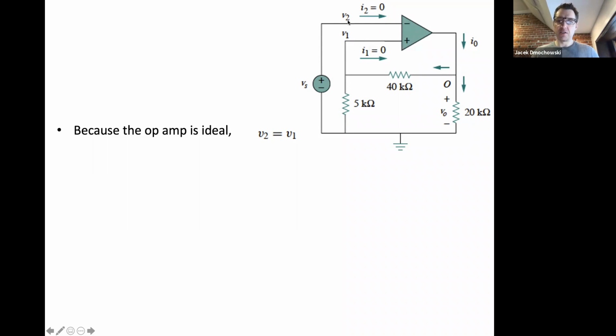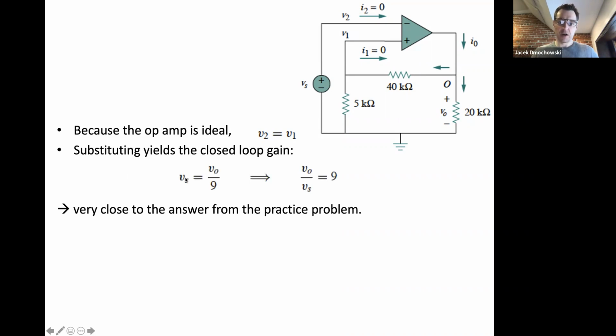As a result, these two voltages are equal to each other. So V2 equals Vs and V1 equals V naught over 9, which makes the ratio of V naught to Vs equal to 9.